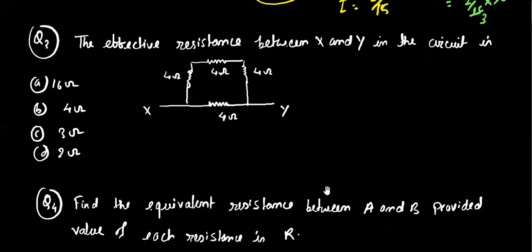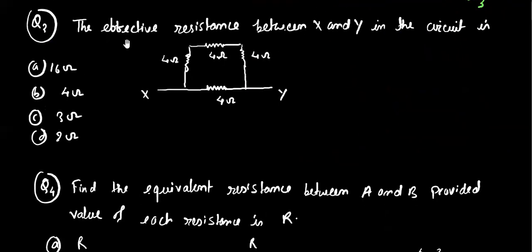Okay, now we are here in question number 3. The effective resistance between X and Y in the circuit is. So this is quite easy. If you see here, these 3 4 ohm resistances are in series combination and the equivalent resistance is in parallel with this 4.